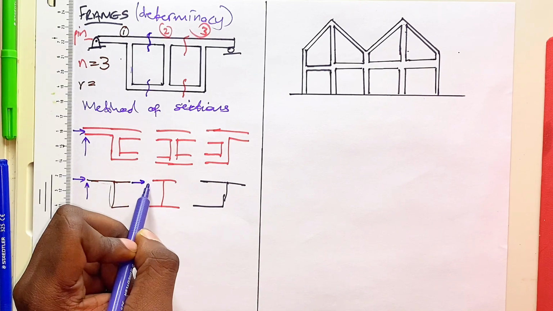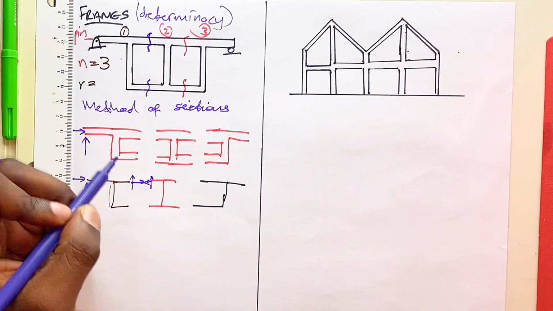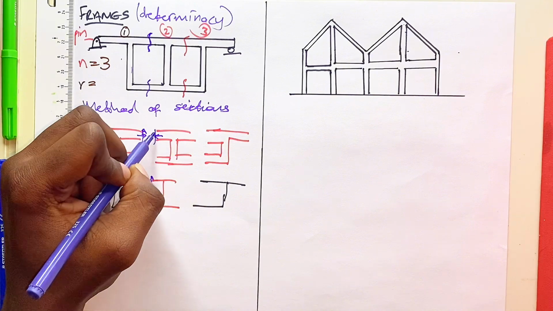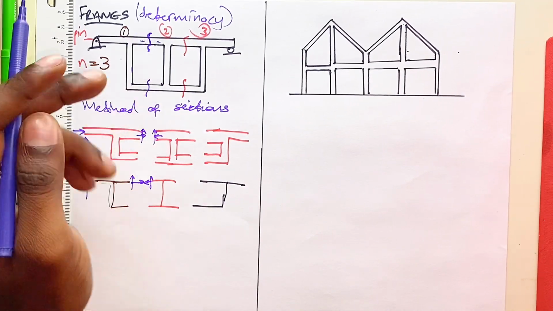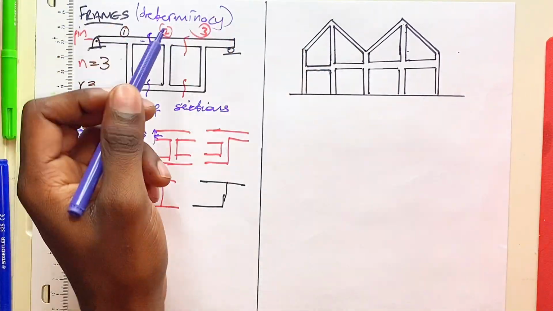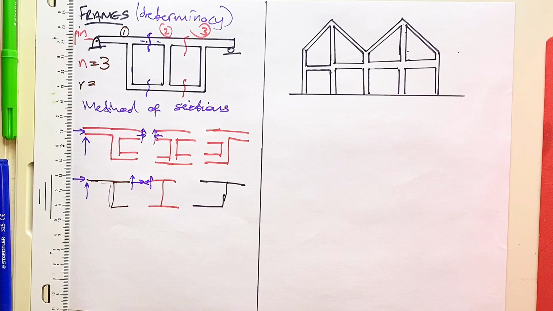Once we cut this section up, we will be introduced to reactions inside here, and these reactions will be in the x-axis and the y-axis for both members, right? Since it was a fixed member, meaning if we try to bend it, will it be able to rotate? No, there will be a moment that will try to fight against the rotation.